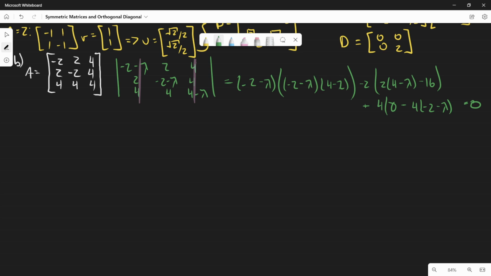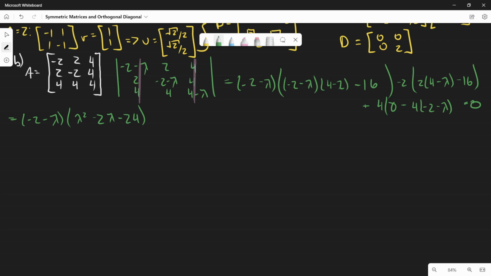To simplify all of this, this will be equal to -2 minus lambda times lambda squared. I messed up. Right here, it has to be, because I did not do the subtraction. So this is minus 16, so it'll be lambda squared minus 2 lambda minus 24, and then this would be minus 2 times -2 lambda minus 8.